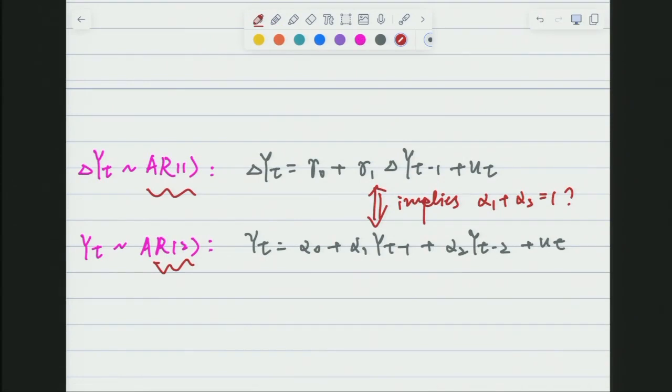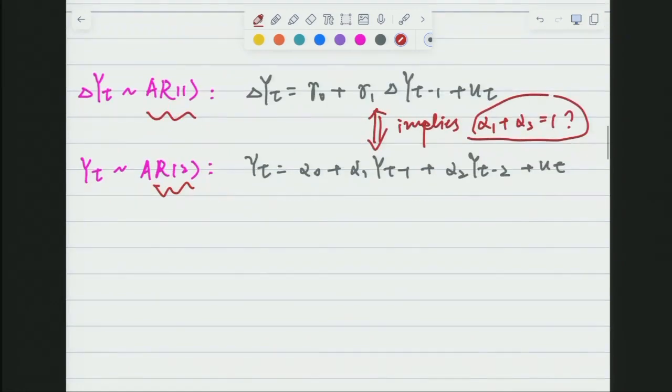This is asking whether, when we write y_t as an AR(2) and we can write its first difference as an AR(1), this implies the sum of the autoregressive coefficients, alpha 1 and alpha 2, is 1.